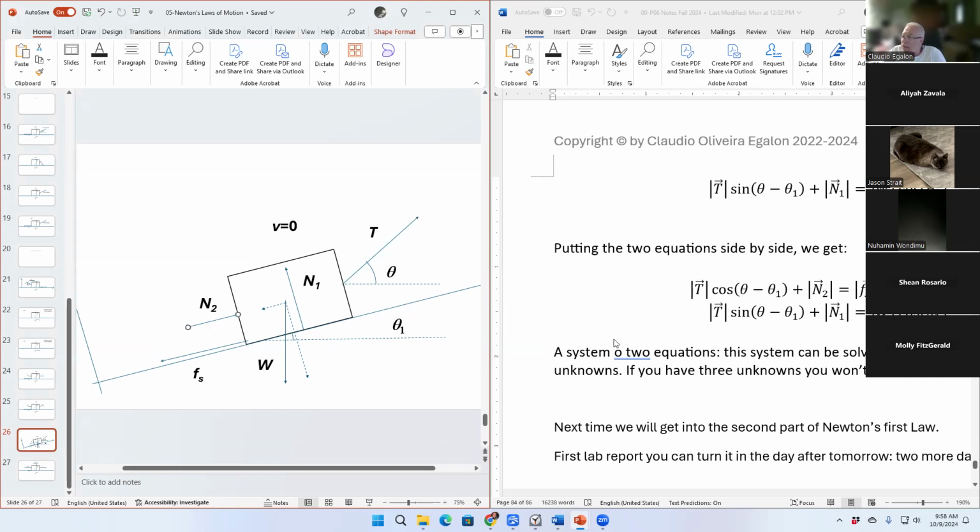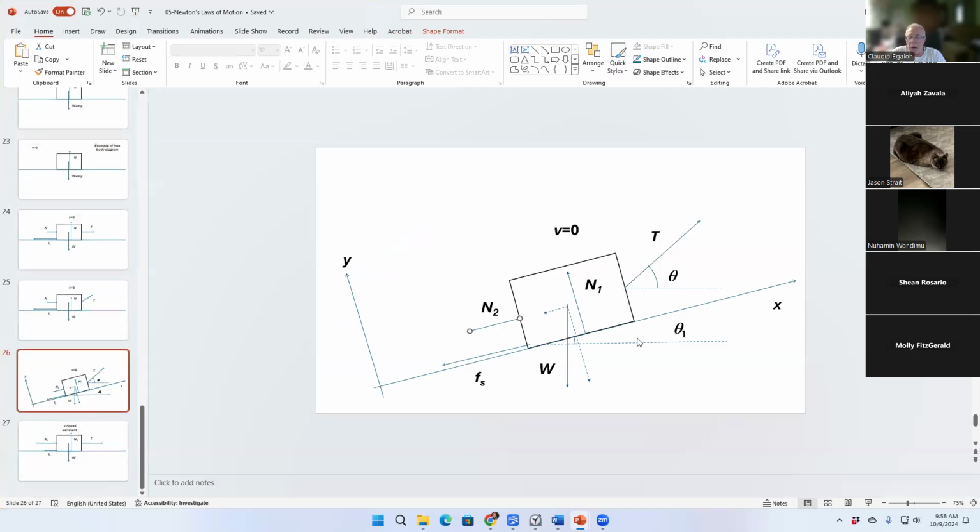Okay, and why is it theta? All right, theta 1 and theta minus theta 1, right? Why is it theta? Okay, so let's take a look here at the drawing, right? I'm going to do the following. There's a very easy way to illustrate that.